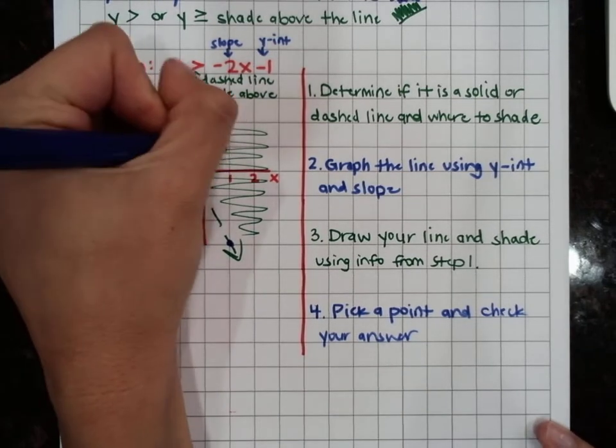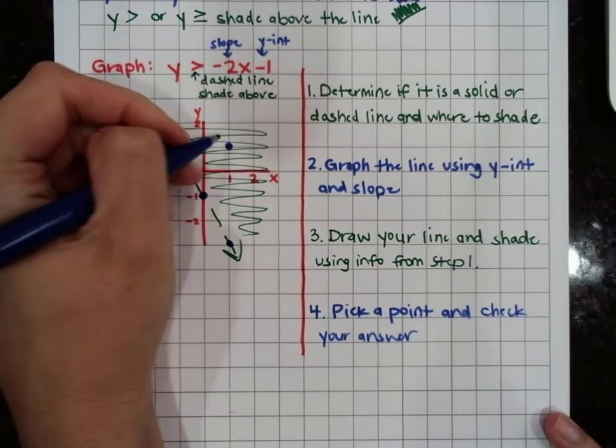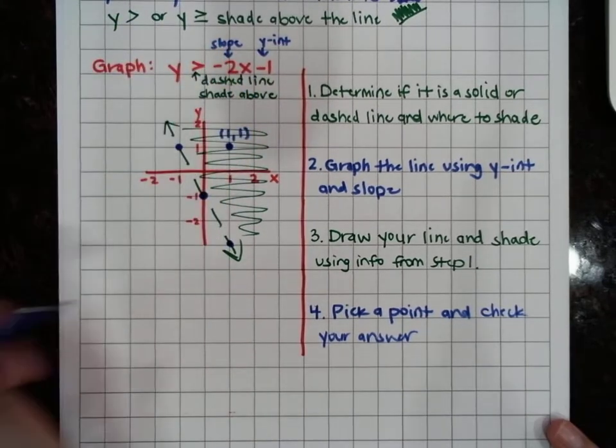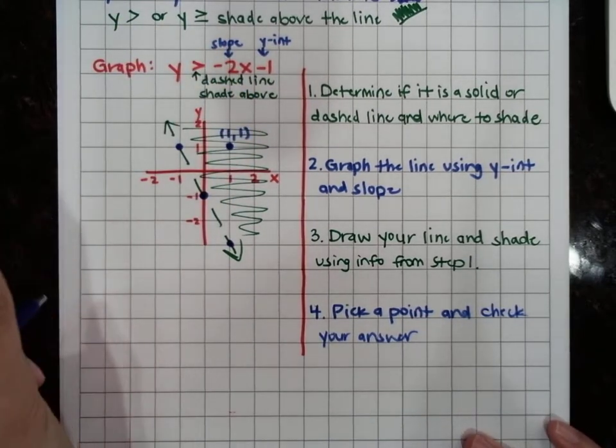So 1, 1 is a nice point to check. If I plug in 1, 1, that's in my shaded region, it should make my inequality true.